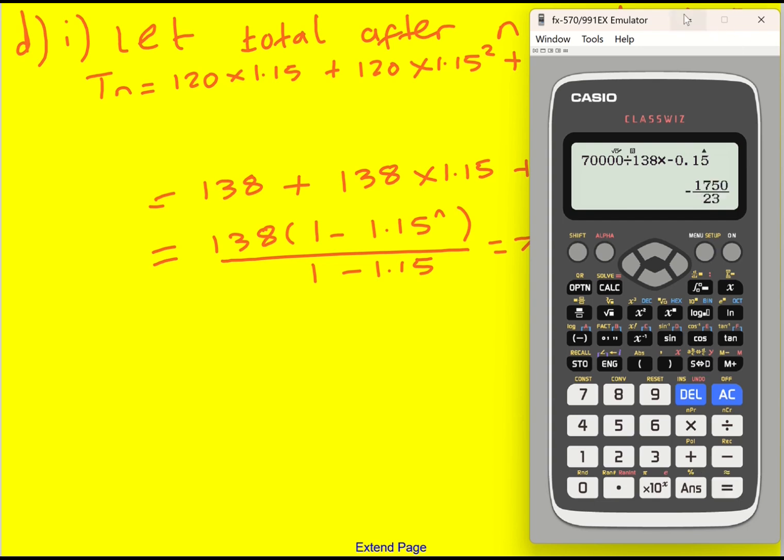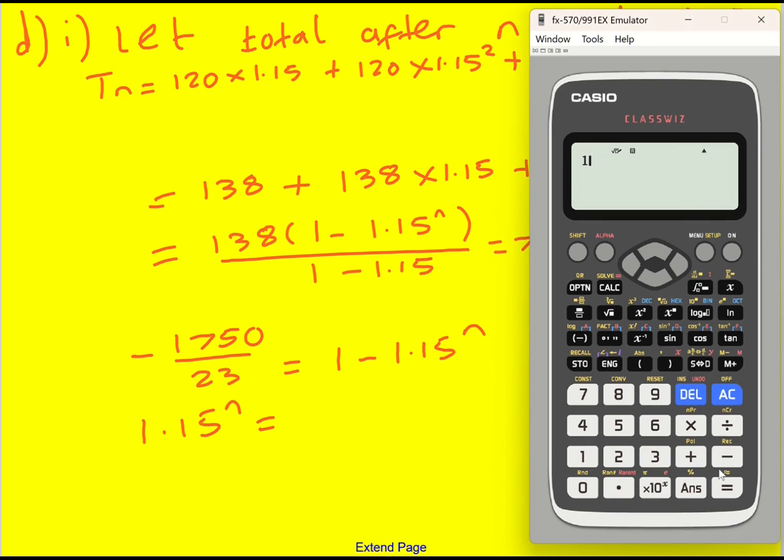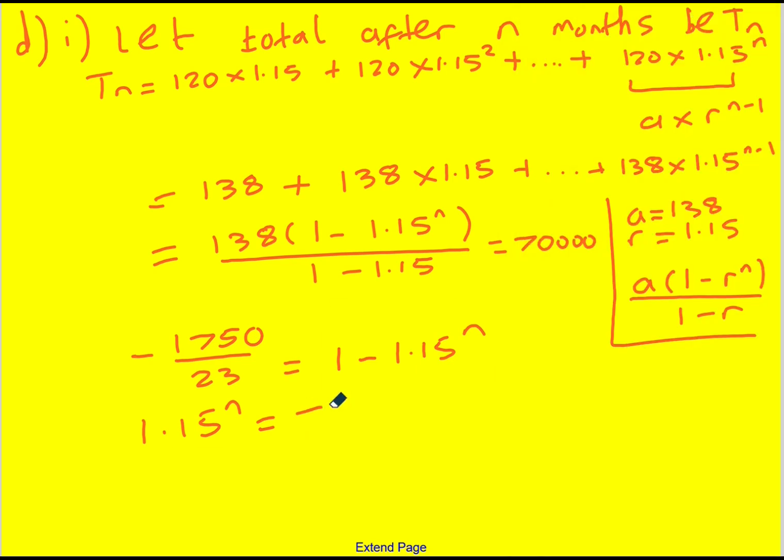That gives me minus 1750 over 23, which is equal to 1 minus 1.15 to the n, which means 1.15 to the n is then going to be 1 minus that, 77.0869. What was it, 0869? Yeah.